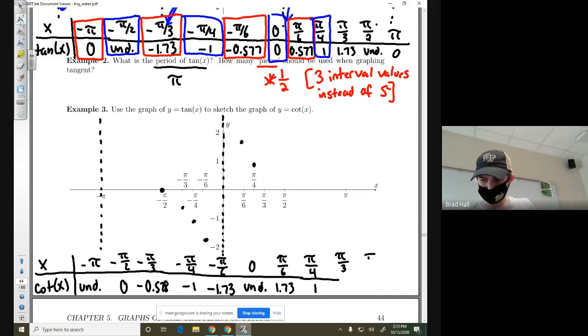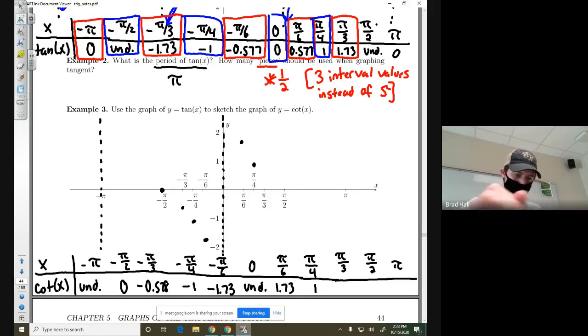Pi over 3, pi over 2, and pi. We can reciprocate 1.73 to get 0.578. We've got right here, pi over 2 is going to give us 0, and then pi is going to give us undefined.